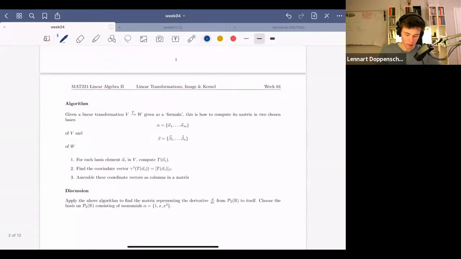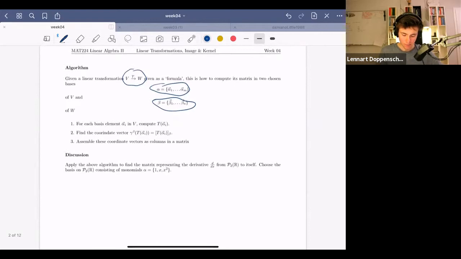So if you have a transformation which is linear, and we have a basis for the domain and a basis for the target, and this is going to be the same for the rest of the lecture. So we're always going to have the basis alpha in the domain and the basis beta for the target. Then the matrix that we compute can be found in terms of its columns.